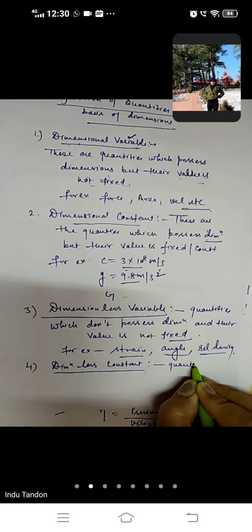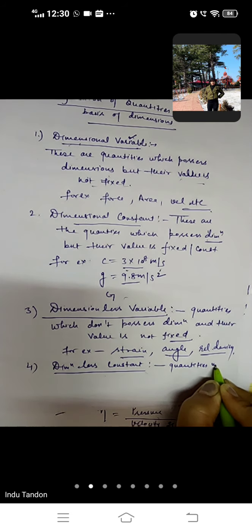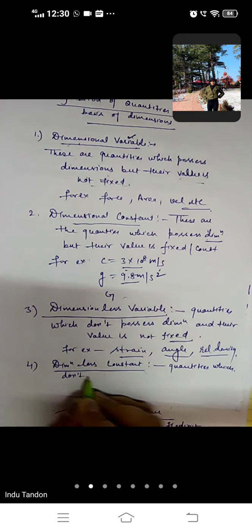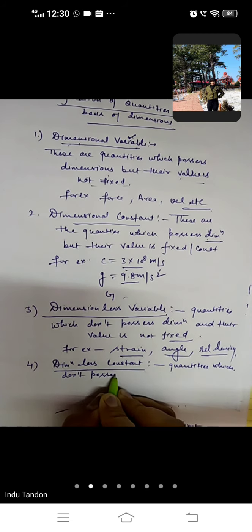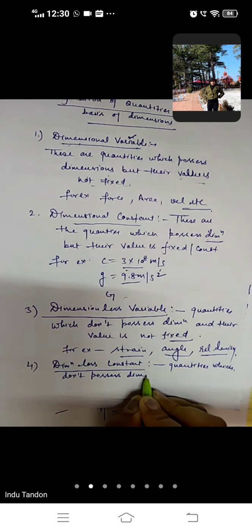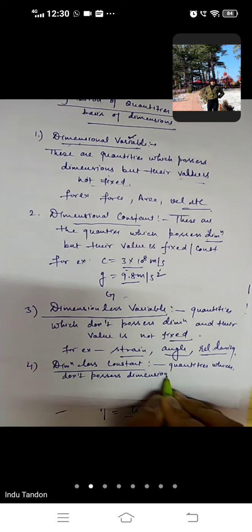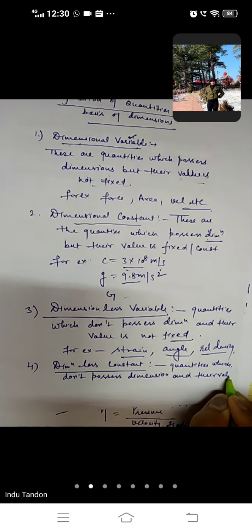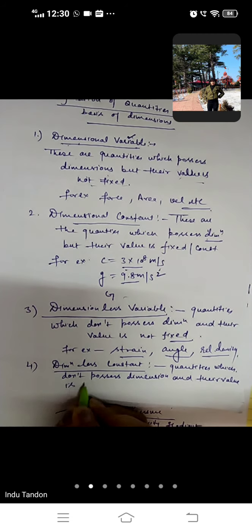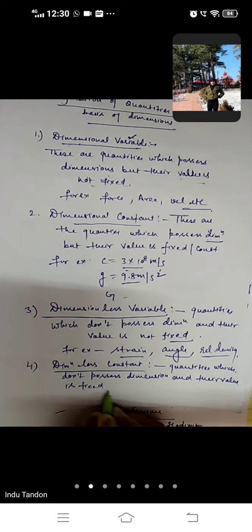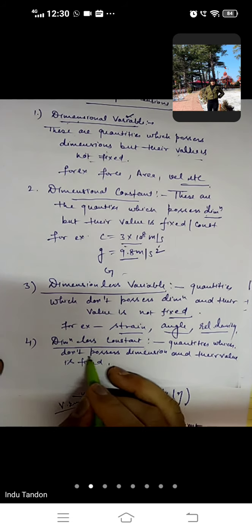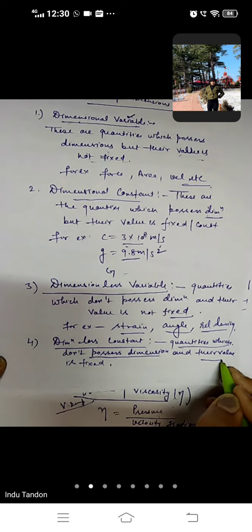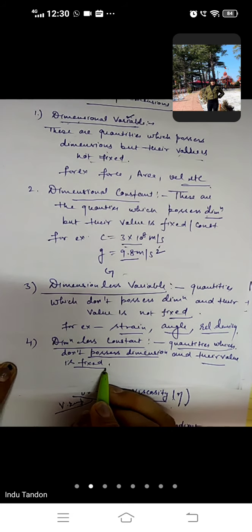Quantities which do not possess dimensions and their value is fixed. Neither do they have dimensions, and their value is fixed.